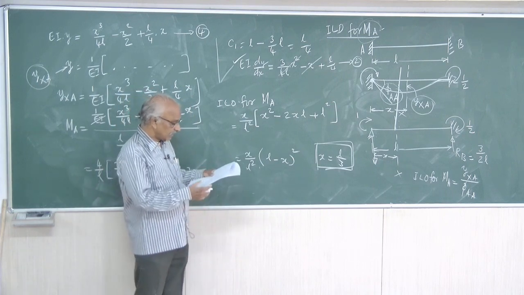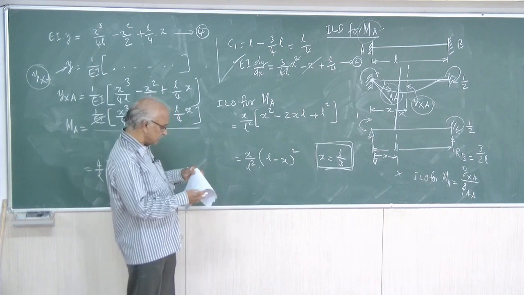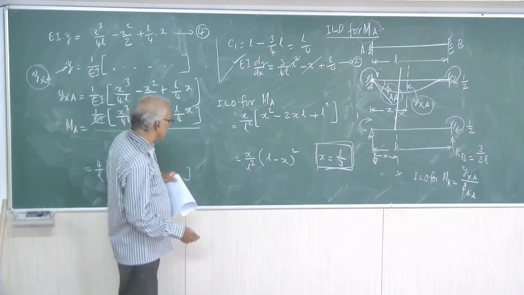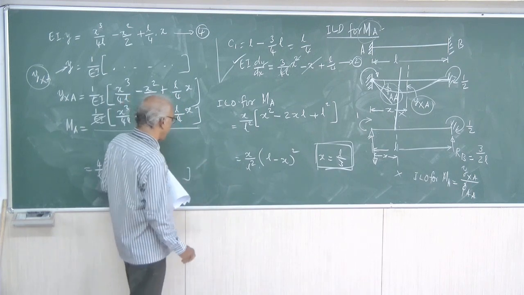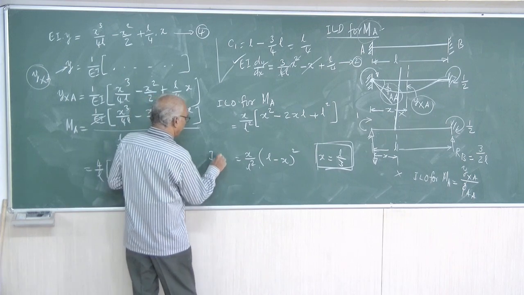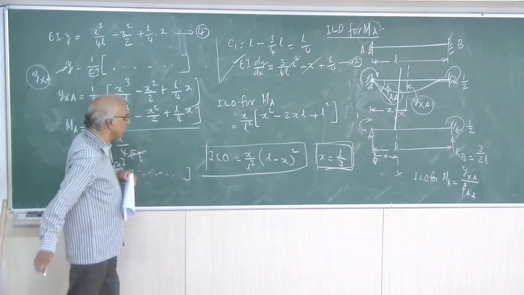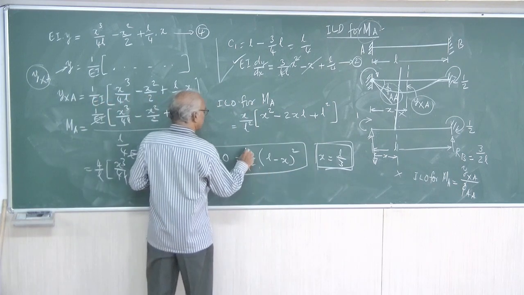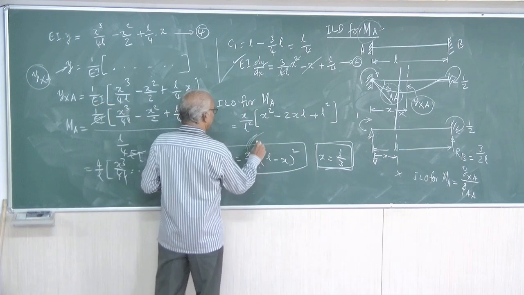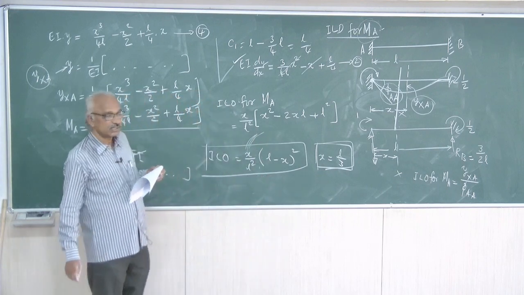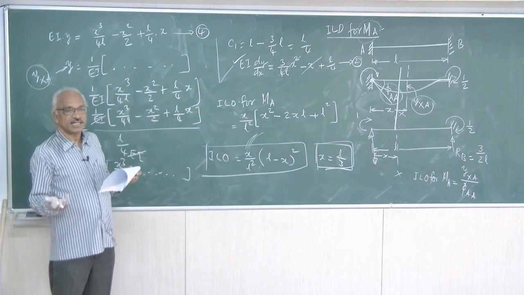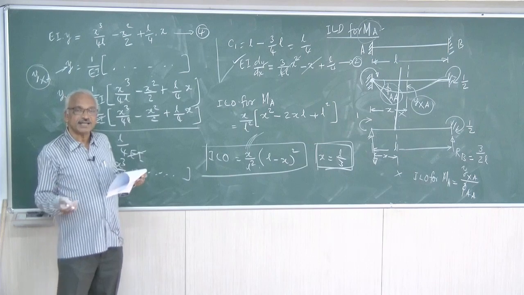In the general equation, x equal to 0, 0.2L, 0.4L, whatever value you want, you substitute and get the influence line ordinate.